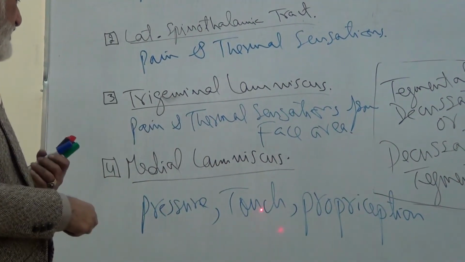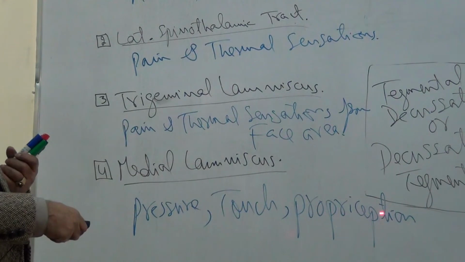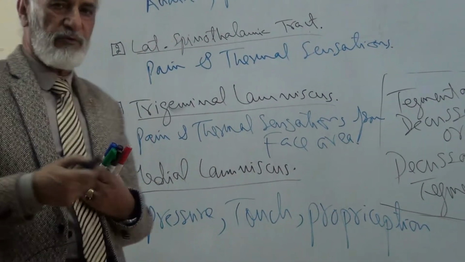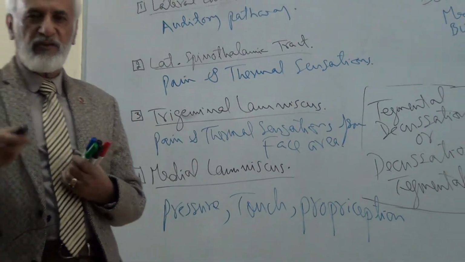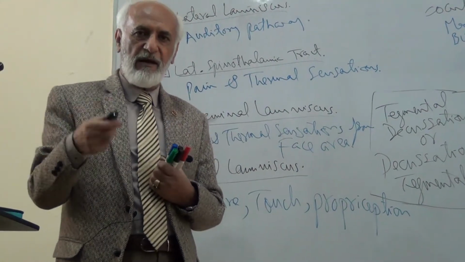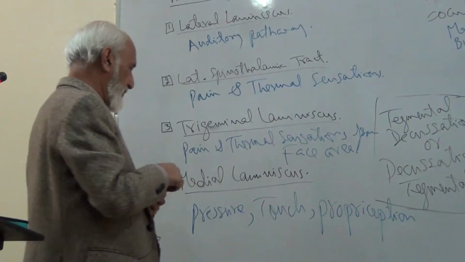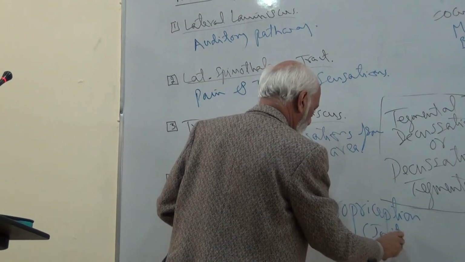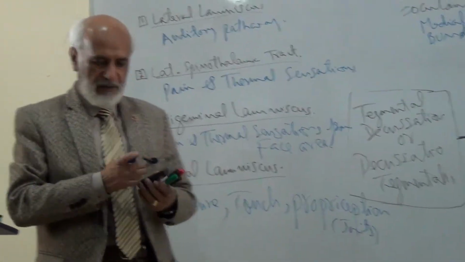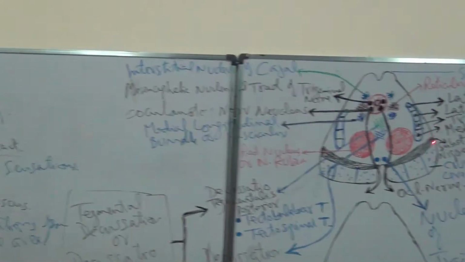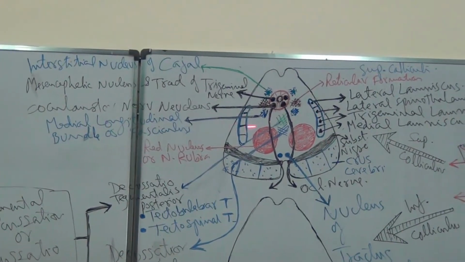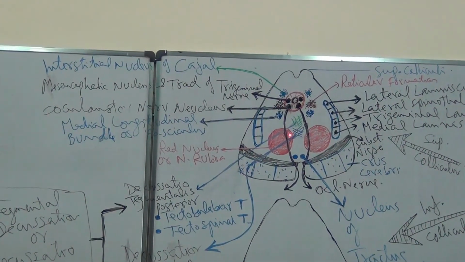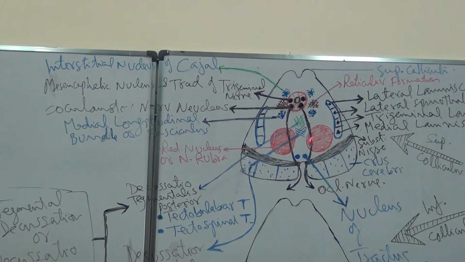Proprioceptive sensation is the sensation from joints, tendons, ligaments, etc. So these are the four sensory tracts located in the tegmentum of the midbrain at the level of the superior colliculi. They are also present at the level of the inferior colliculi.